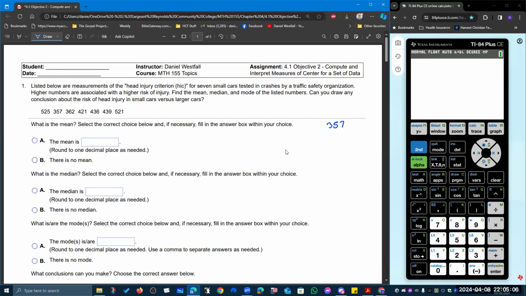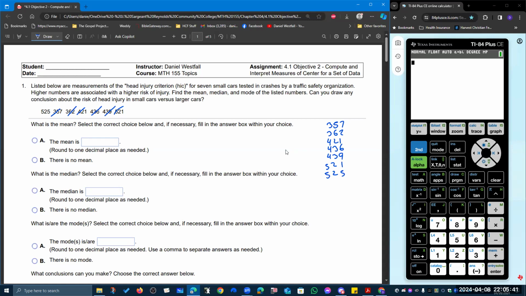I believe 357 is my lowest, then 362, 421, 436, 439, 521, and 525. Why did I put them in order? Because that's going to help me find the median later.